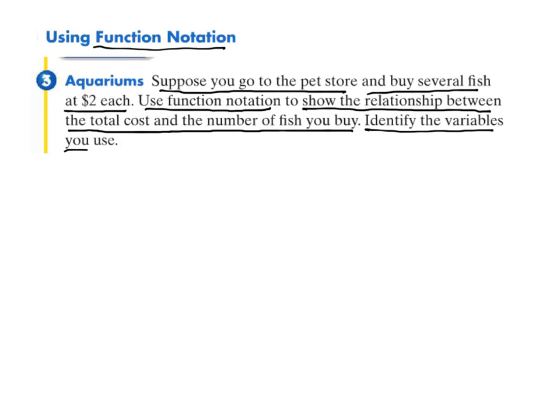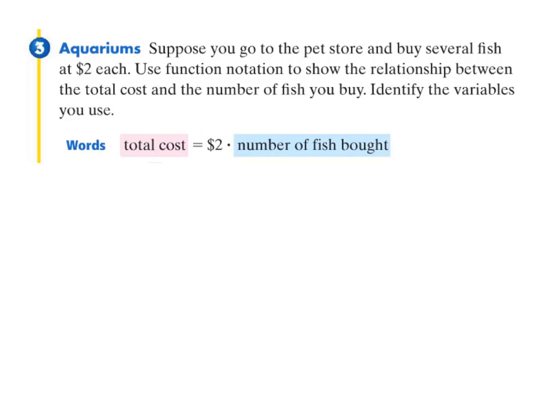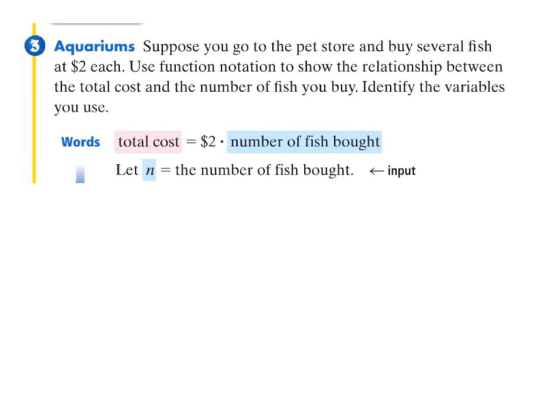Identify the variables you use. So let us build the problem step by step. Total cost will be equal to $2 because every fish is $2, times the number of fish bought. So this is a word sentence. Let's try to go on reducing this.